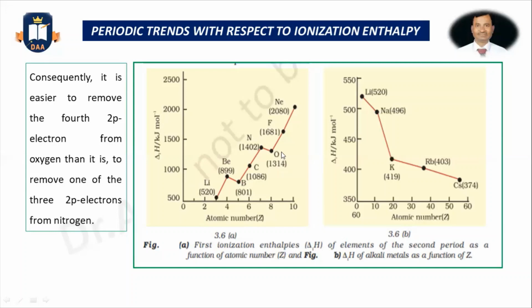So for oxygen, the first electron will be removed from 2px2, because it is paired, that means due to electron-electron repulsion, this electron from the oxygen atom can be easily removed.